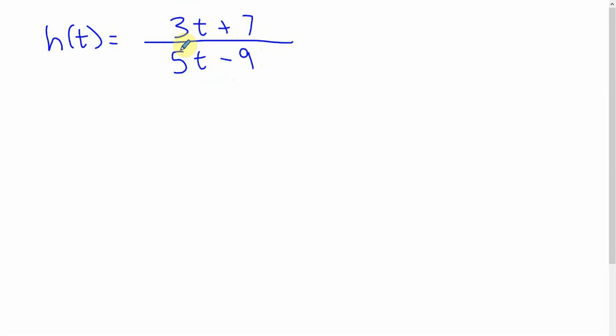This one's getting bigger and bigger. This one's getting bigger and bigger. They are tied, though, because they're both t's without a power. And so what you do is the limiting value is the numbers multiplied onto that highest power on the top and the bottom. So the limiting value is 3/5, which is 0.6.